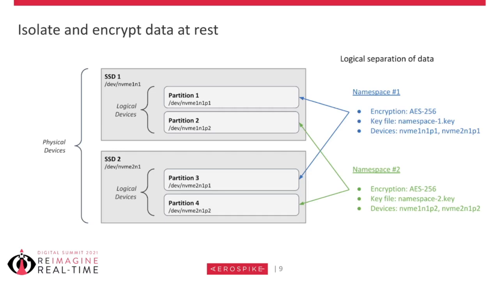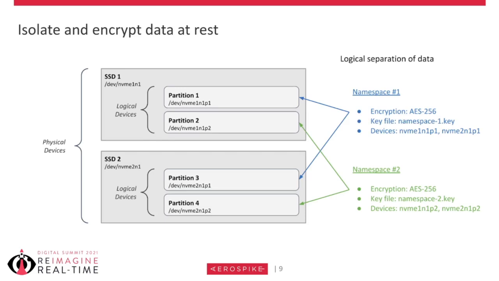So namespaces not only define where that data is physically being stored on the server, but they also allow you to encrypt the data at rest with AES 128 or 256-bit encryption. What's nice about that encryption being at the namespace level is you can get a good degree of logical separation, or you could even go all the way down the path of complete physical separation with separate encryption keys.